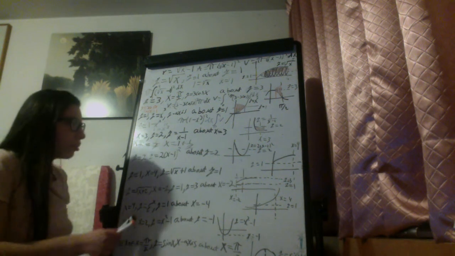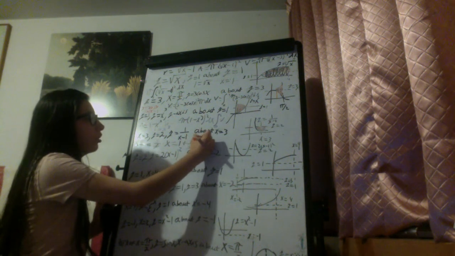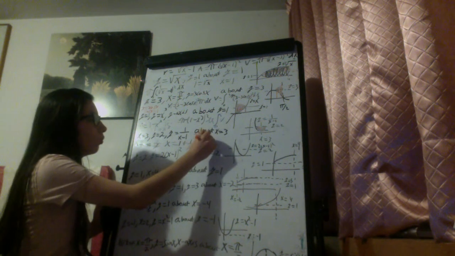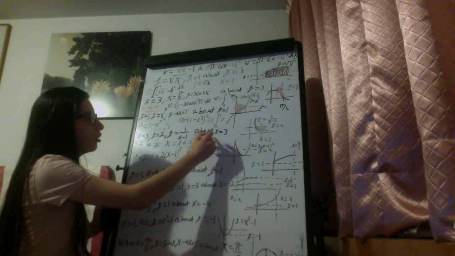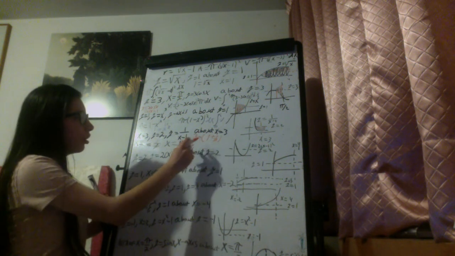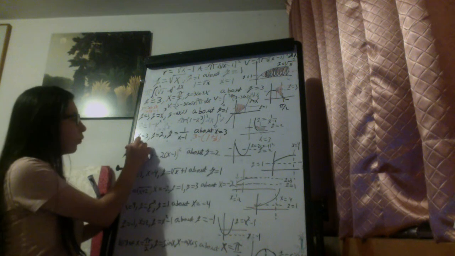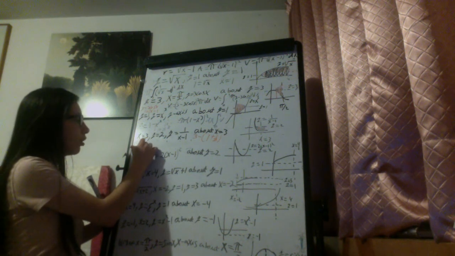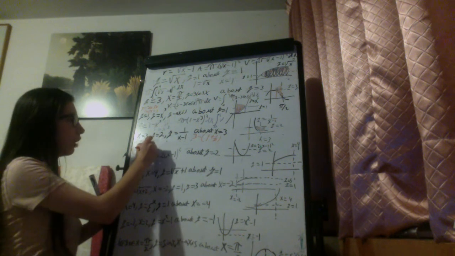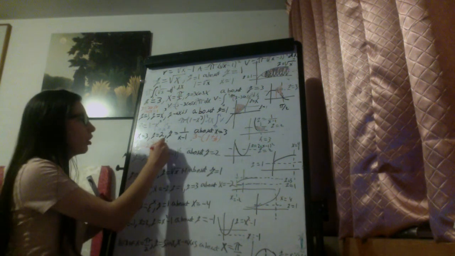So the radius will be 3 minus 1 minus 1 over y, so this would be 2 minus 1 over y. Now the area would be this squared times pi. The volume of each disc would be this times dy.